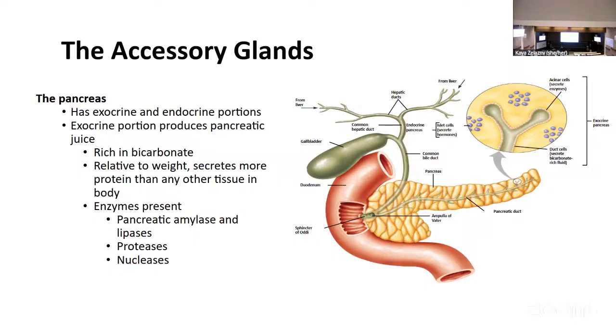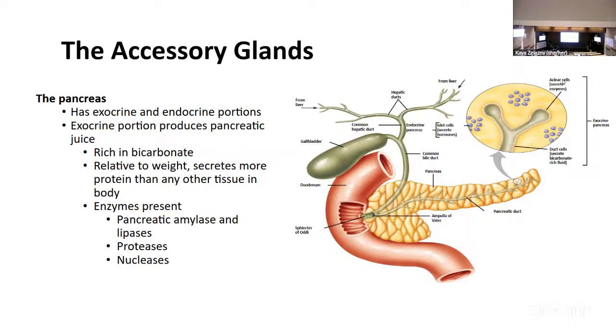We actually talked about the endocrine function before: hormones, insulin, glucagon. Exocrine is mostly what we're focusing on now, where we're going to have all kinds of enzymes, all kinds of digestive stuff. So when we say we're producing pancreatic juice, we're really focusing on that exocrine portion of the pancreas.